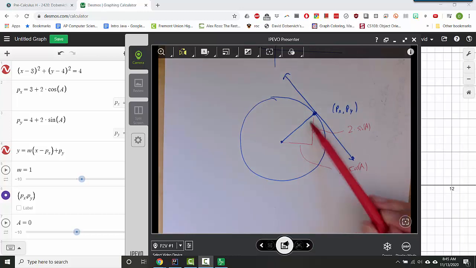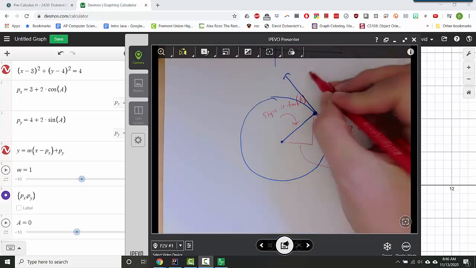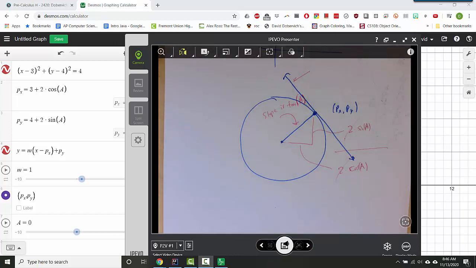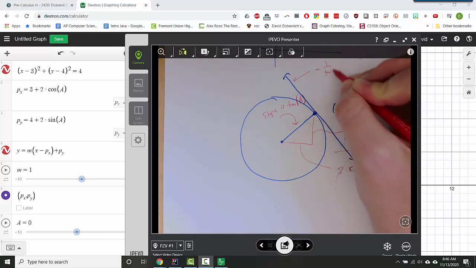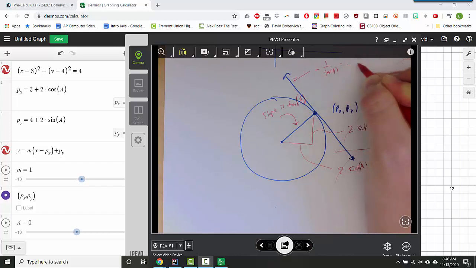If I divide those two, the 2's divide each other to make 1, and I've just got sine over cosine, which is the same thing as tangent. Now if I want to find the slope of this other line, I take the opposite of tangent, and I take the reciprocal. So negative 1 over tangent, which is the same thing as negative cotangent.